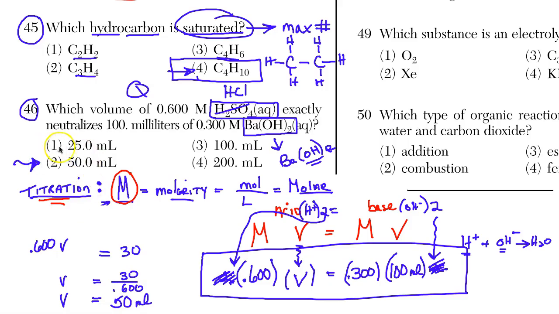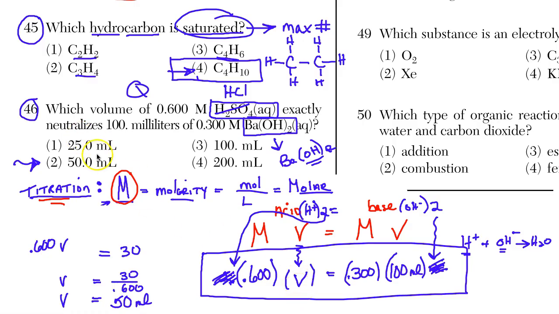Now notice they put 25 here. Let's think about this for a second. I know you want to move on to the next problem, so you can go on if you can, but I want you to understand how this works. If in fact this was barium hydroxide, and it is, and if this was HCl instead of H2SO4, we would need double the amount of volume.